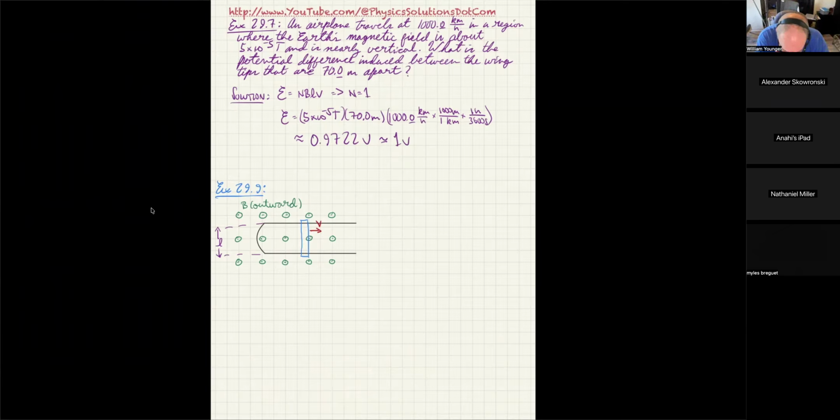So Lenz's law tells us that if the flux is increasing, then an induced current will be created in an effort to oppose the change in flux. So it's going to try to reduce the flux by creating a magnetic field pointing in the opposite direction of the existing magnetic field. That means that the induced EMF is going to try to generate a current pointing into the page, because the magnetic field that exists right now is pointing out of the page.